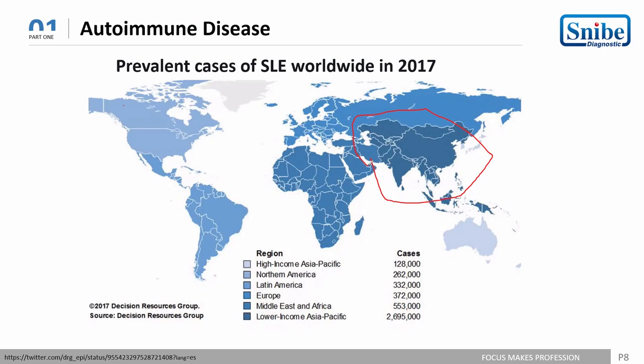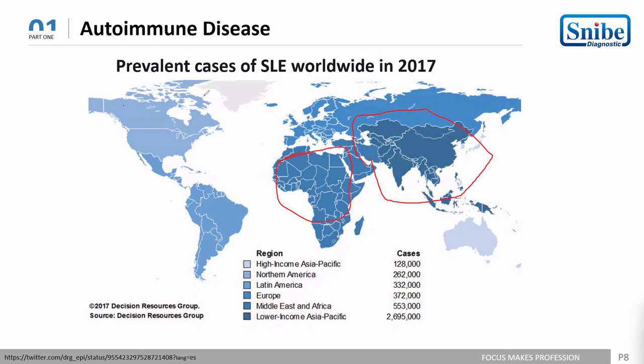These are the countries which are more prone, due to low income in the Asia Pacific, and it's also more common in the Middle East countries, which have genetic issues and high sun exposure, and therefore high exposure to ultraviolet radiation.